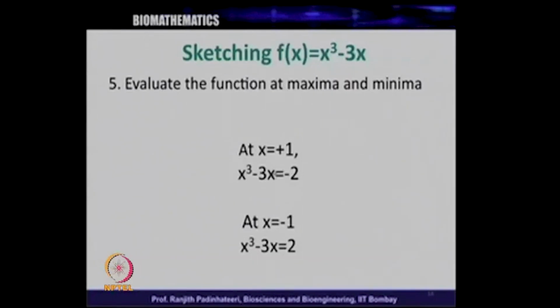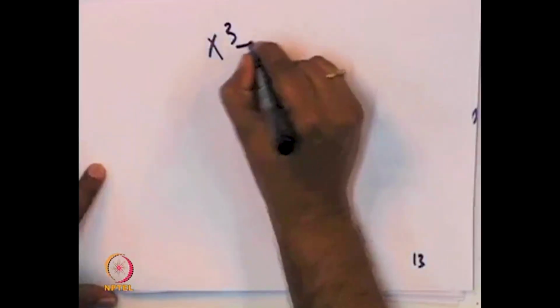So, I take x equal to plus 1, x cube minus 3x is minus 2, and at x equal to minus 1, x cube minus 3x is plus 2. This you can see. So, how do we see that? Let us learn how we see that. The function is x cube minus 3x.